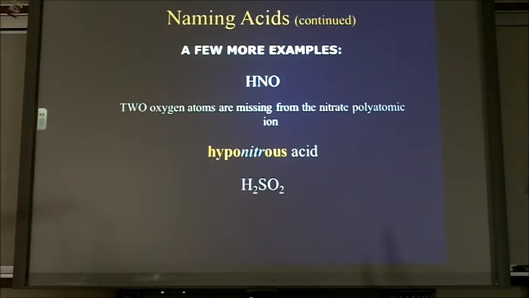SO2. Sulfite. Hyposulfite, right? So what is the name of this acid? Hyposulfurous. Very good. And again, don't find yourself writing hydro when you have a hypo. Hypo can only take place if you have an oxygen in your compound, and that means two have been removed.